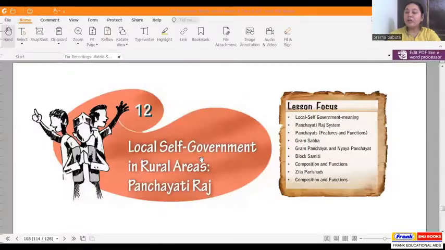As you can see on page number 108, chapter number 12, the name of the chapter is Local Self-Government in Rural Areas, that is Panchayati Raj. So let us start understanding about this chapter. So here we go.